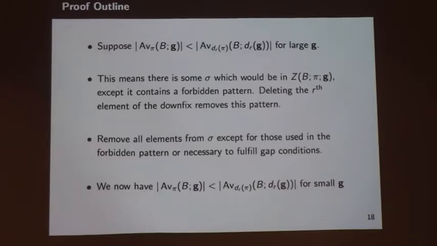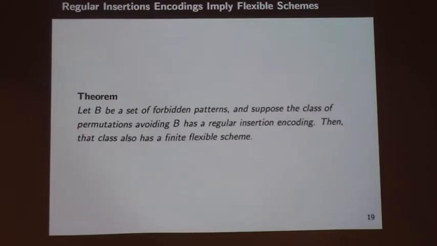So we would have found that there was in fact something in that small set of gap vectors that we had to consider that invalidated the equality. And so we're done. All right, so that's one important theorem that lets us find these schemes automatically.